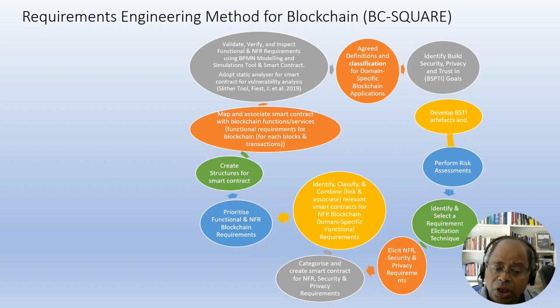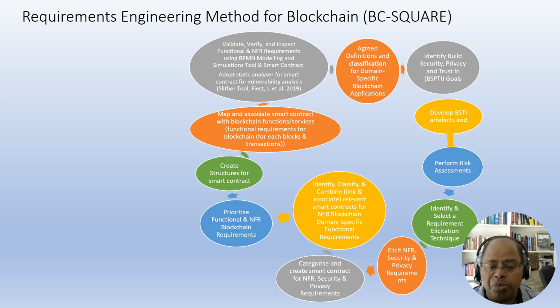Then do the classification according to the classification method I showed, categorize them into functional and non-functional requirements, prioritize them, and then create a structure for smart contracts, mapping smart contracts to the functional and non-functional services. Then do simple validation and verification with simulation tools. There are a number of requirements simulation tools.